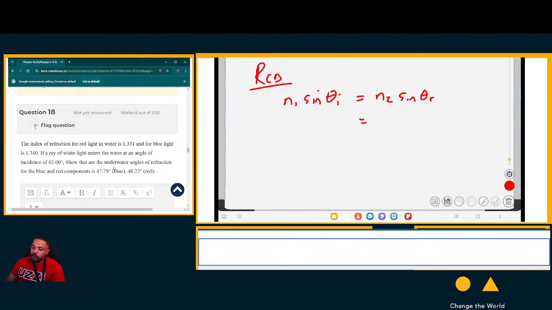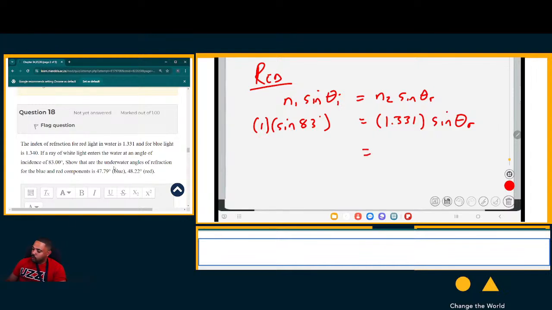So for red we should get 48.2 degrees. The refractive index for air is 1, and the sine of the angle of incidence, 83 degrees, should be equal to the refractive index for red light, which is 1.331, times the sine of the angle of refraction for the red light.